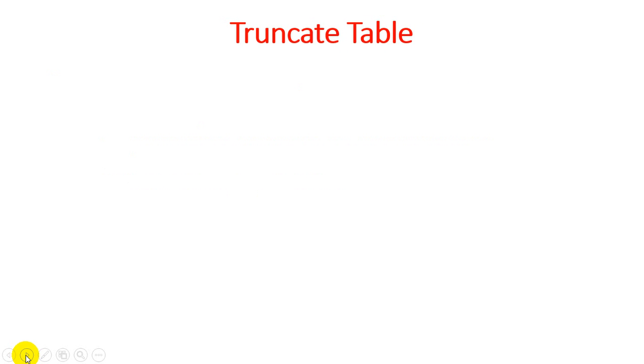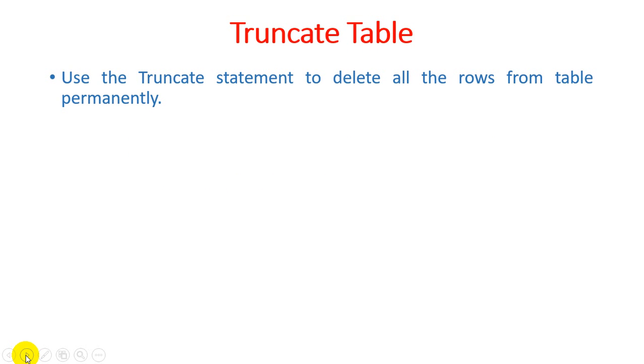Now a fourth one, it is really important to understand what a truncate is, and the difference between DROP TABLE and TRUNCATE TABLE. You must focus on this particular example. Use the TRUNCATE statement to delete all the rows from a table permanently.